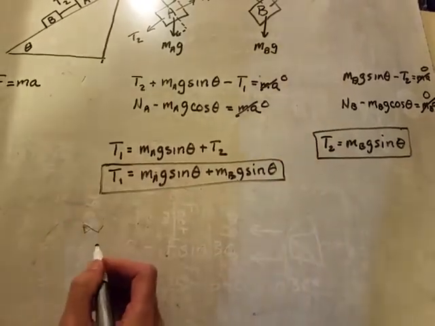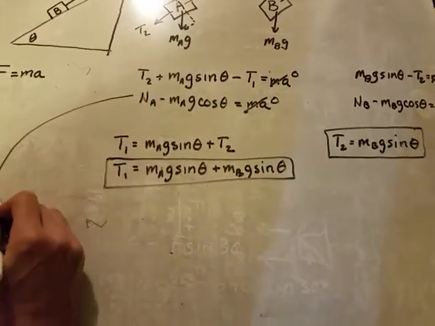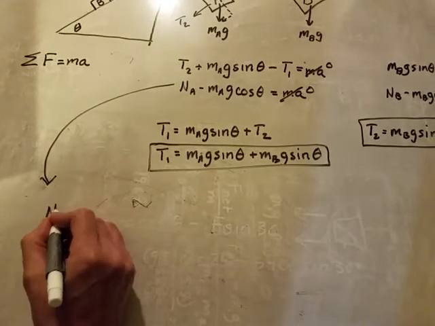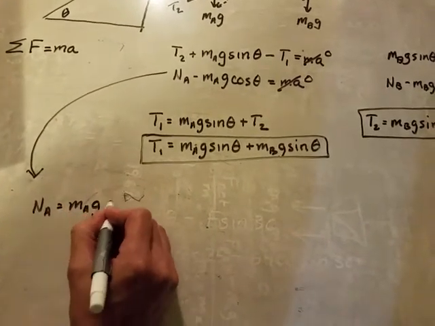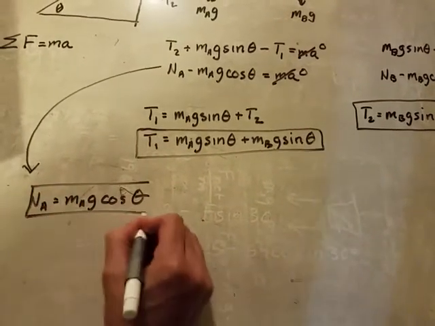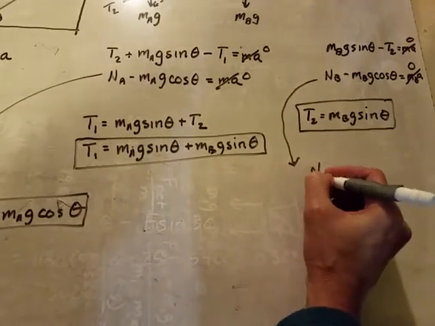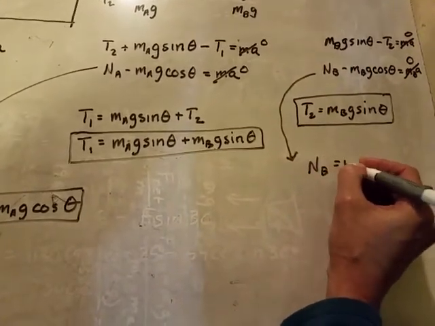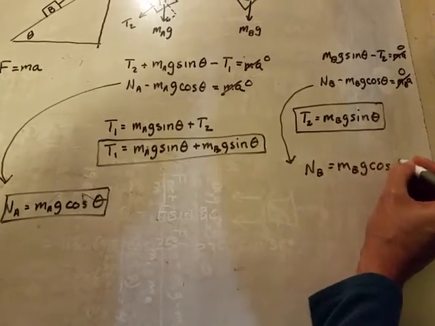Then it asks us to find all the normal forces. So we take this equation and we get the normal force of A is equal to MAG cosine theta. And we take this equation and we get the normal force of B is equal to MBG cosine theta.